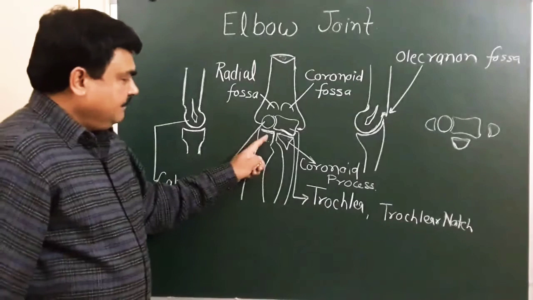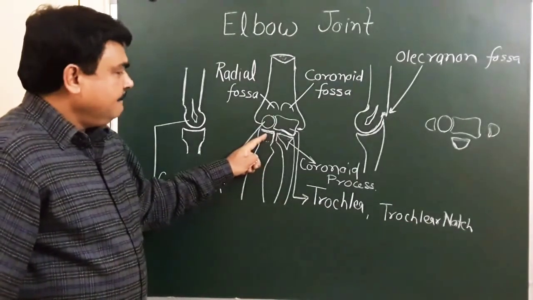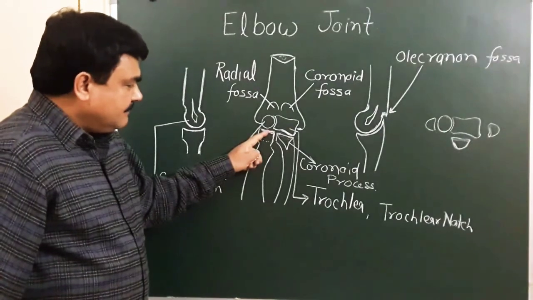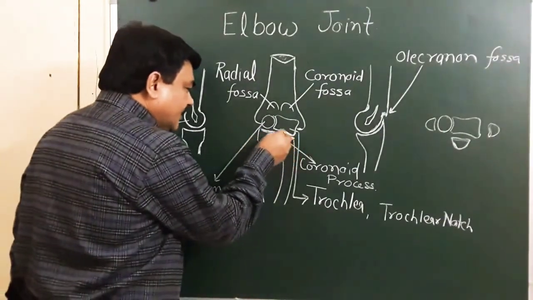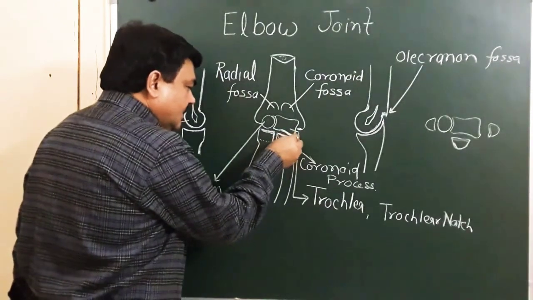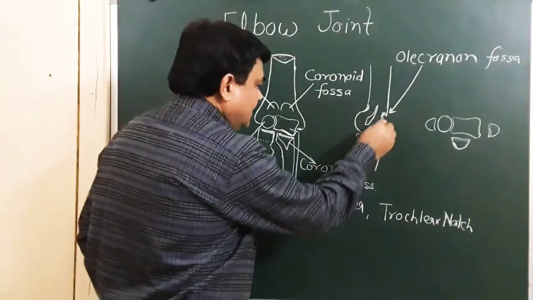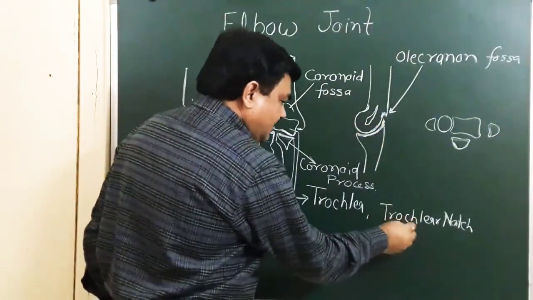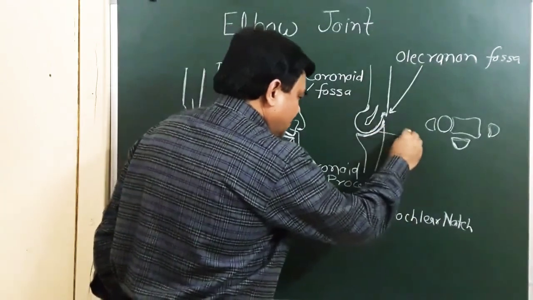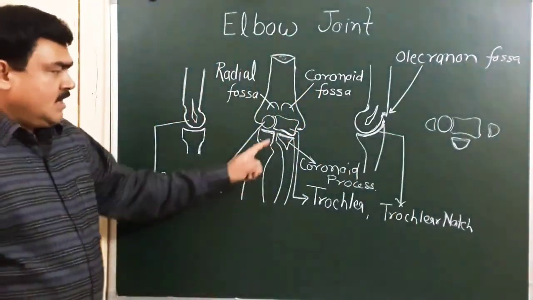So the inferior articular surface is formed by the superior articular surface of the radius, and here this articular surface is the trochlear notch.